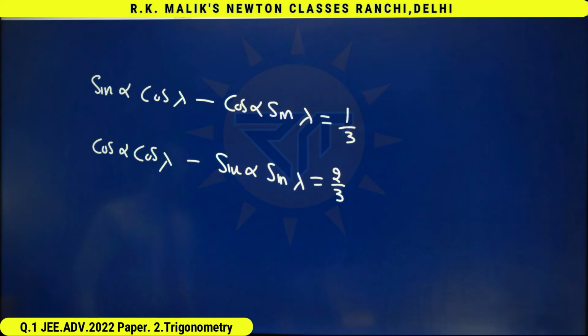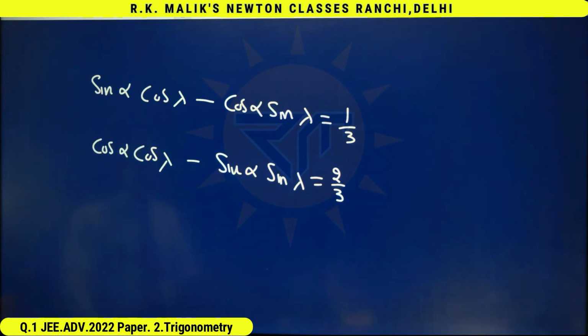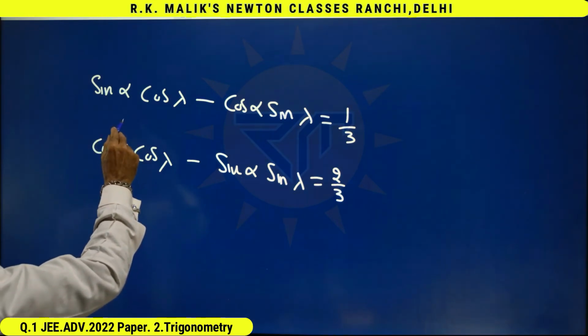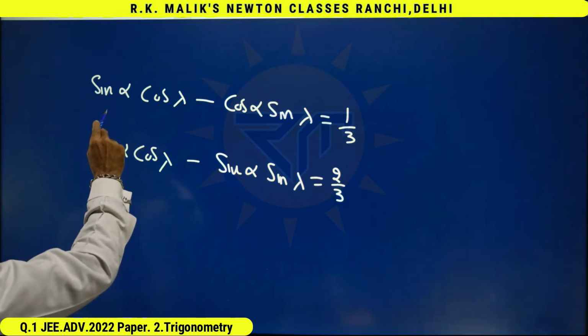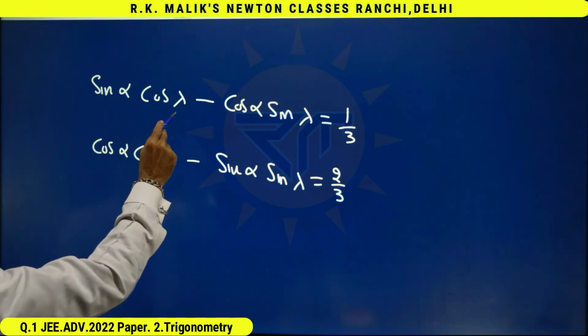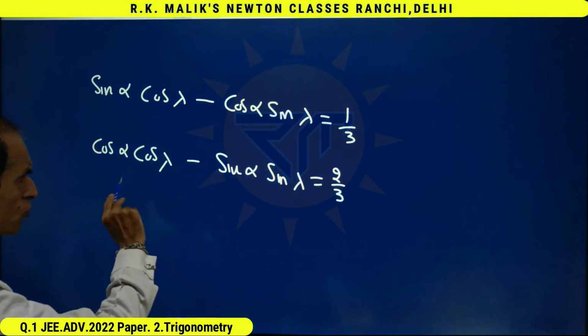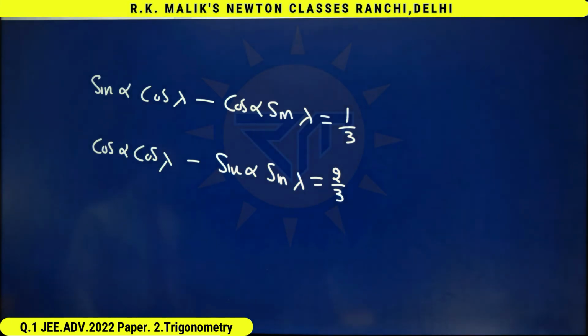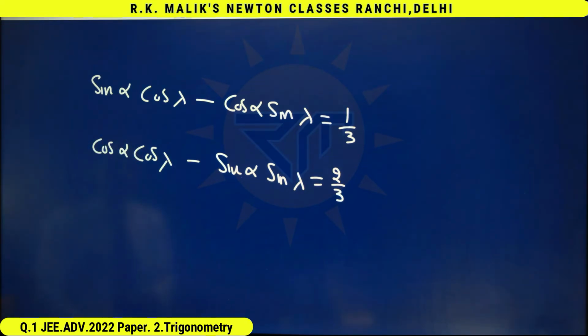And see now, if I square and add these two, note that after squaring, the term of the type 2ab will give 2 sin alpha cos lambda cos alpha sin lambda, and here also you will be getting the same thing in the term of the type 2ab when I square and add.